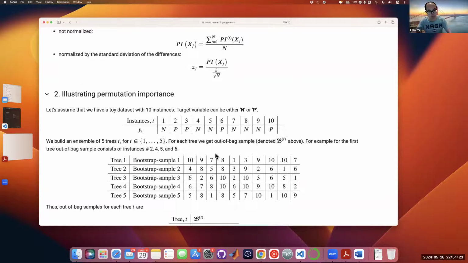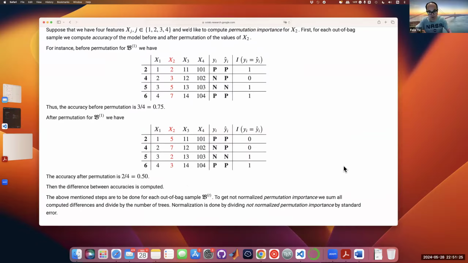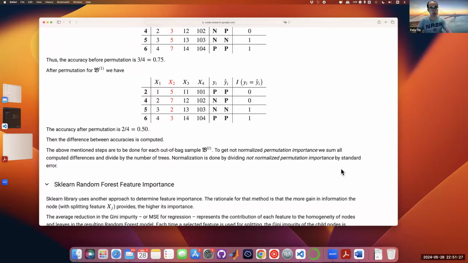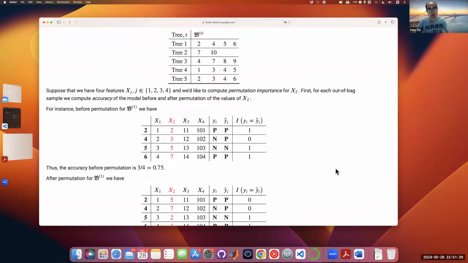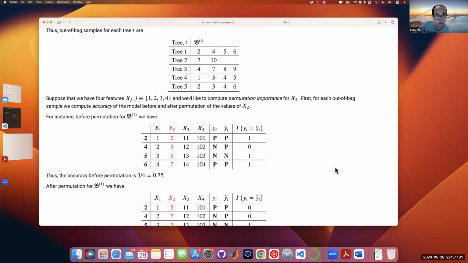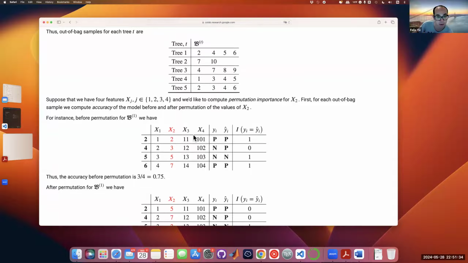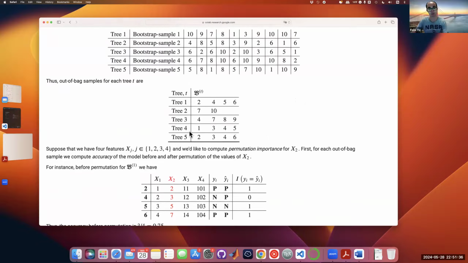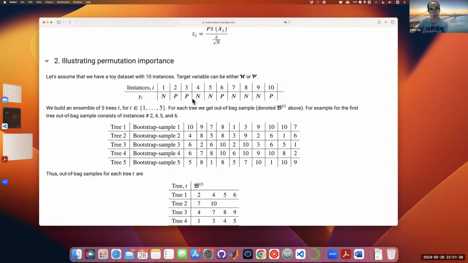I have examples right here. They are very detailed examples. You can go through these examples with a specific tree, I believe tree 1. This is a very simple example.